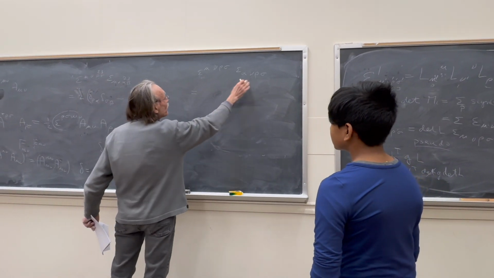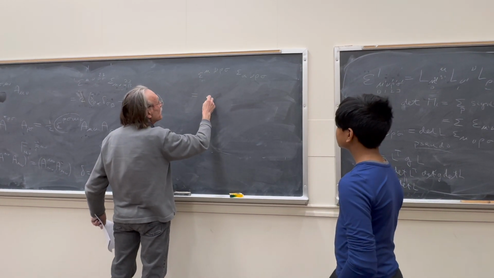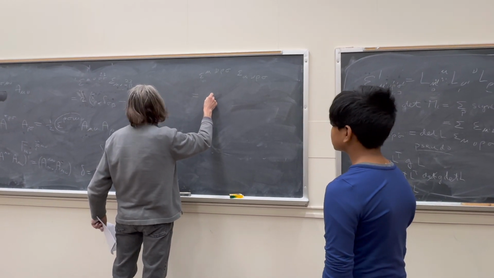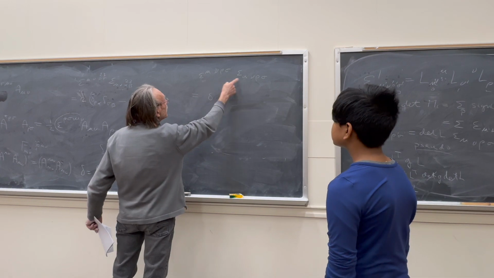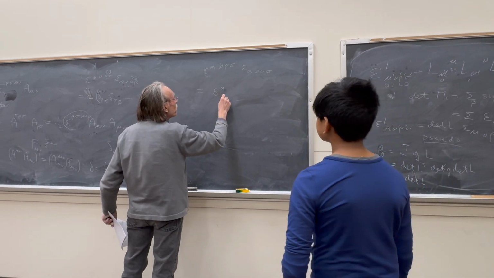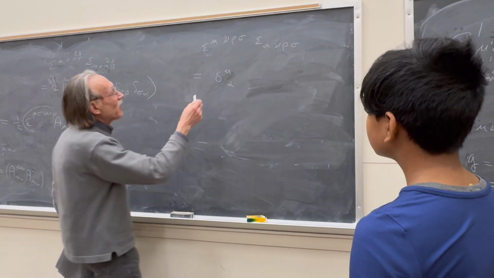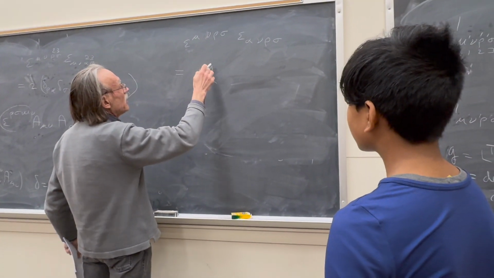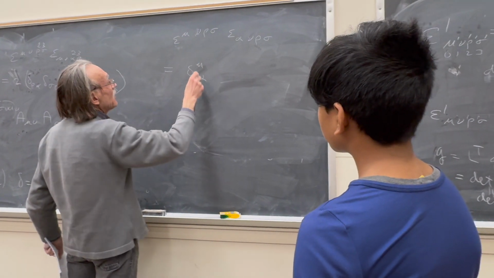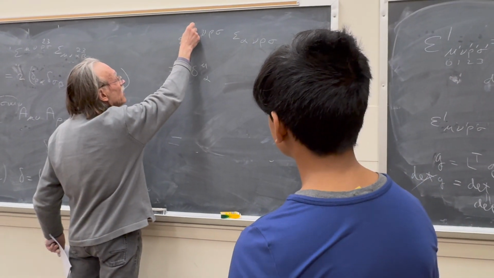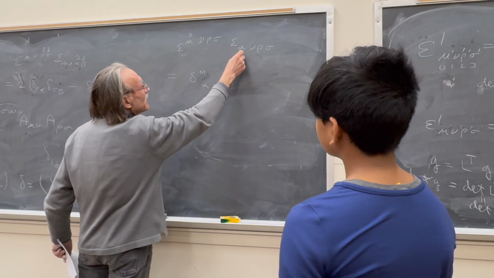And now we know, because these three are equal, this must be equal to a delta mu alpha with some factor. We also know that if we choose this, we can choose it anything. So we choose this 0 and that 0.